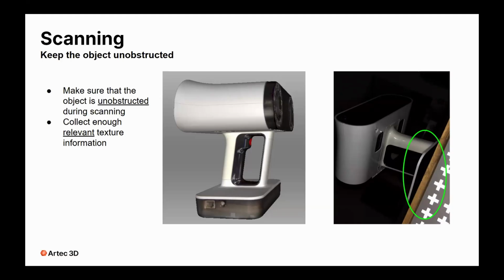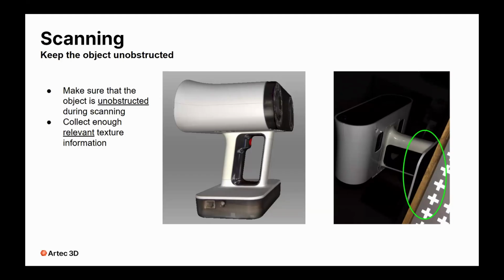A good technique for that is to place your object on some sort of a base which elevates it from the ground, and this way it will be much easier not to collect such frames. And of course, you should collect enough relevant texture information so that there are no blind spots on your texture.